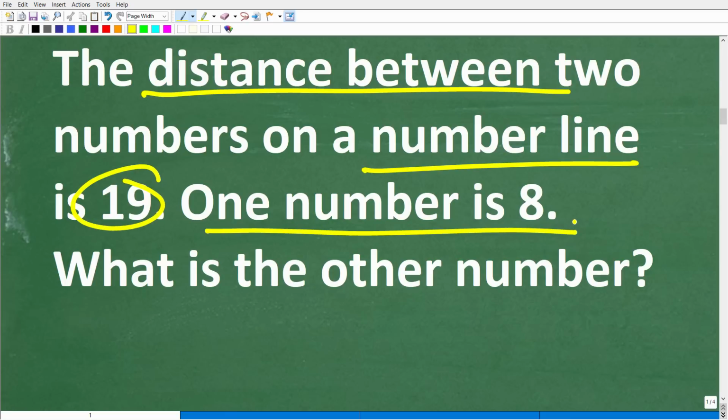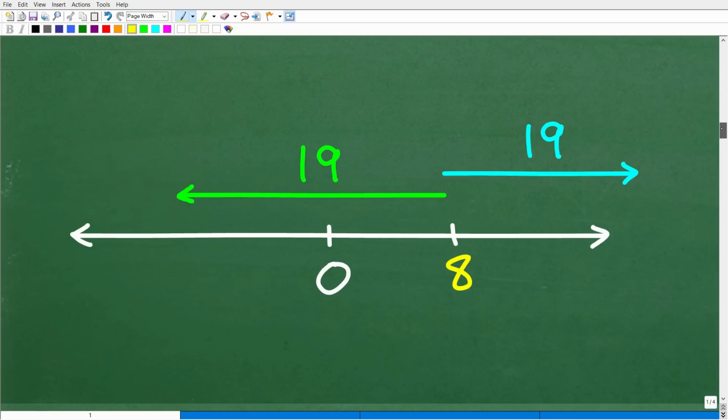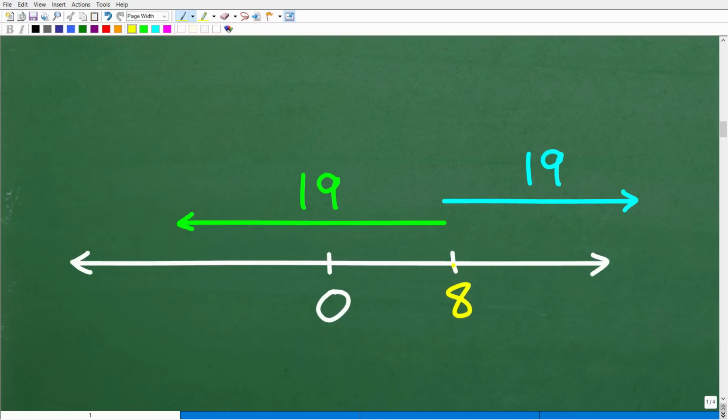And one number is 8. What is the other number? So if you visualize this, one number is 8, and we're looking for another number that's 19 units away from 8 in terms of distance. Well, we can go 19 units this way or 19 units this way. So here is one number and the other number is way over here.